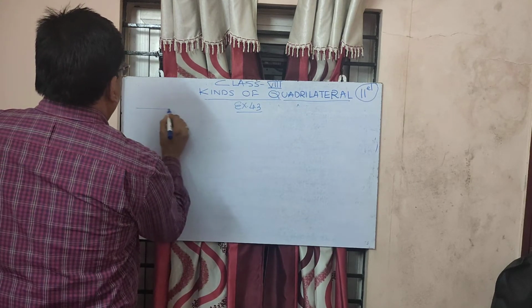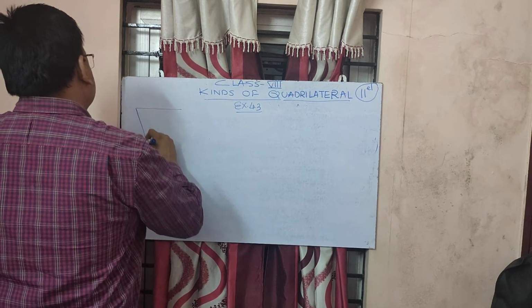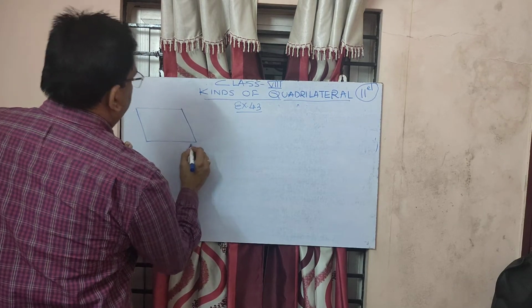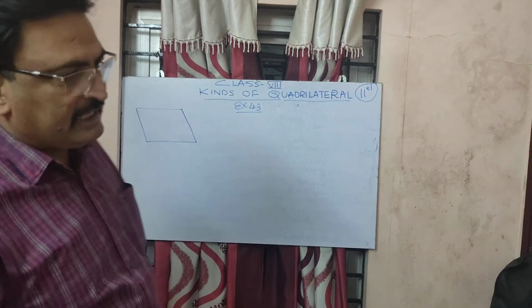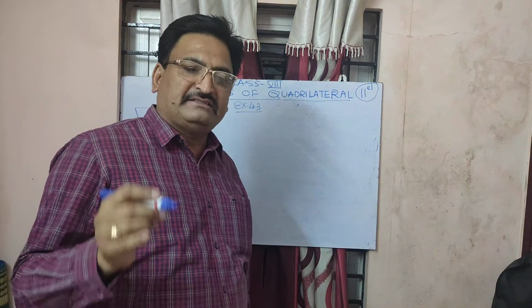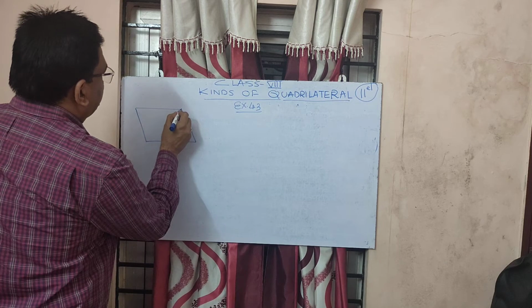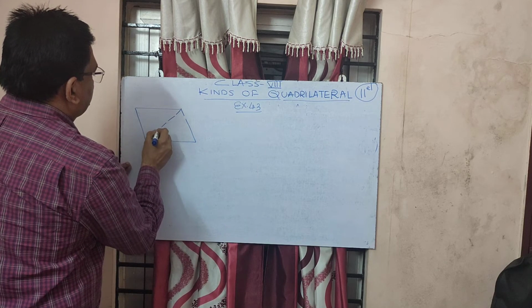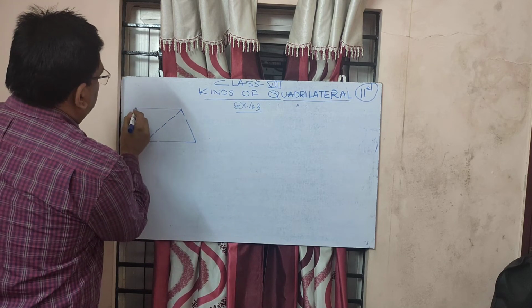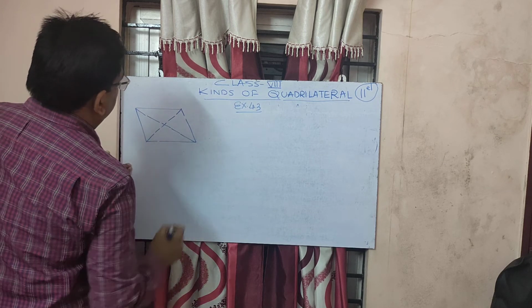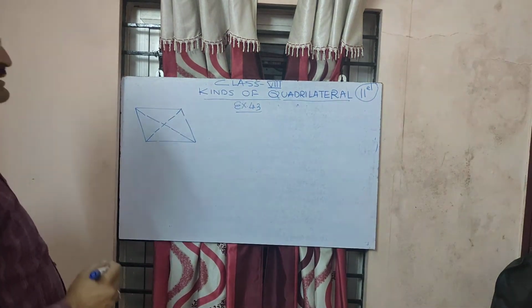Always remember, you have to draw the geometrical figure with the help of scale and pencil only. Don't try to draw a figure with the help of bare hands. Okay.